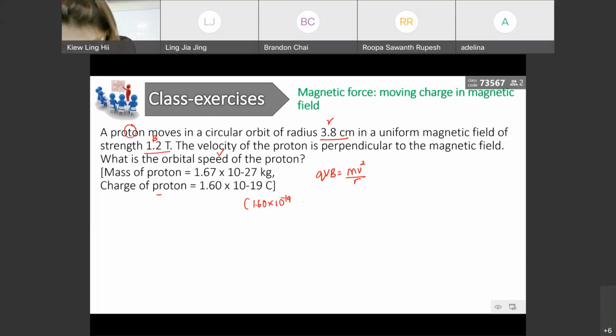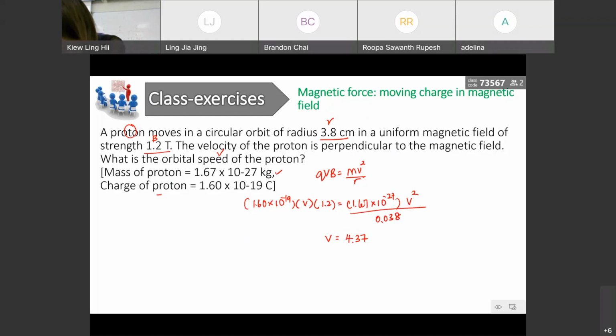Velocity unknown, B 1.2. So mass of proton 1.67 times 10 to the power of negative 27. Velocity unknown. Radius 0.038. So simplify. So that is your velocity, all right?